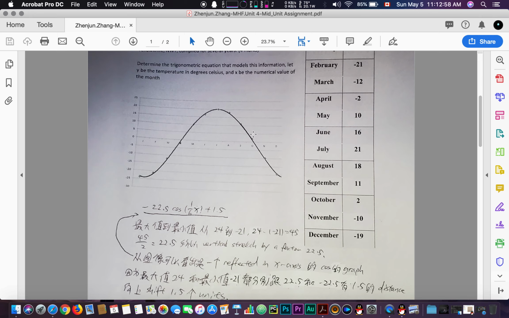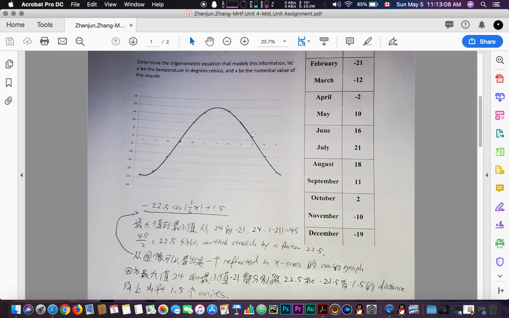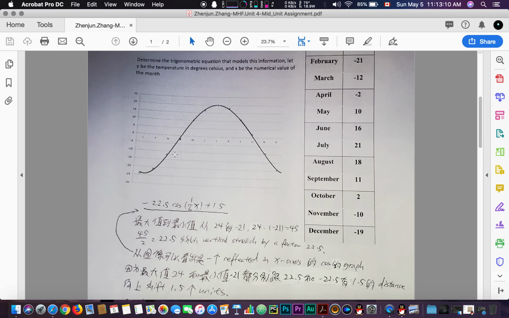And then we get 22.5. So we would say that it has been vertically stretched by a factor of 22.5. And from the graph, we can see it's reflected in the x-axis, and it used to be a cosine graph. So a cosine graph reflected in the x-axis.